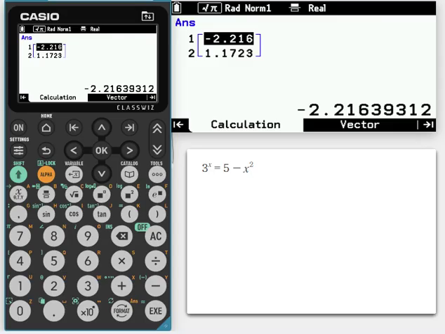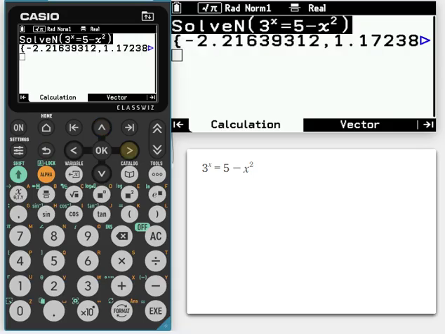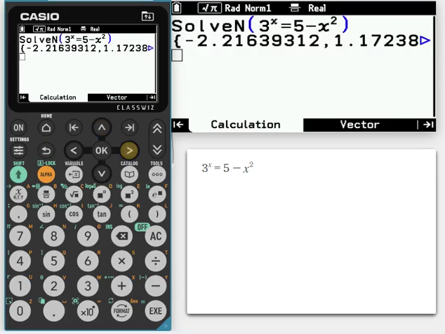Let's say that you are only interested in answers between 1 and 2. What you can do in this case is, while setting up the equation, you enter it and you put a comma and you state the name of the variable, it's x, in this case we're not using any other letter, and you enter the range in which you want to find the answers.